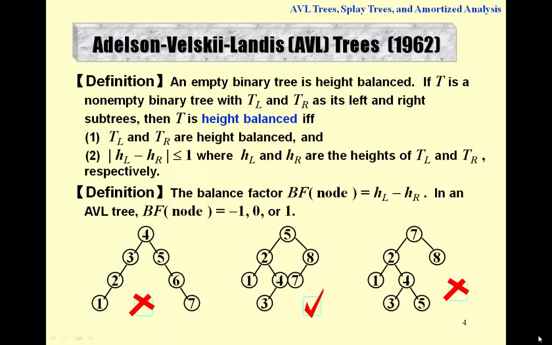AVL tree was the first so-called self-balancing tree. It defined balance by saying that the left and right heights must differ by at most 1. And then we can prove that this kind of height-balanced tree is indeed good, meaning that its height is indeed log n.